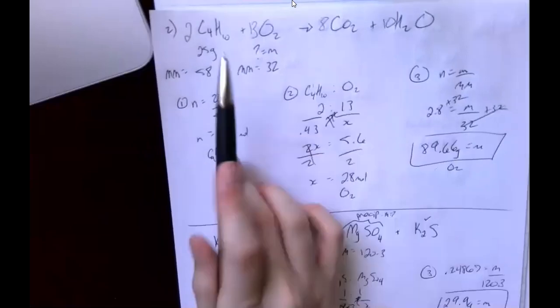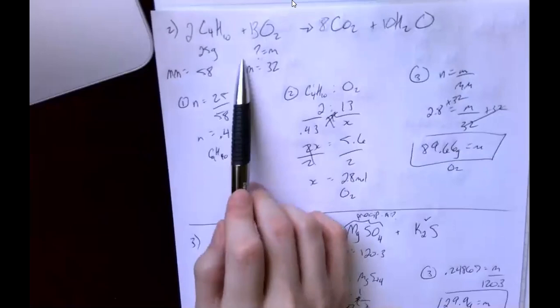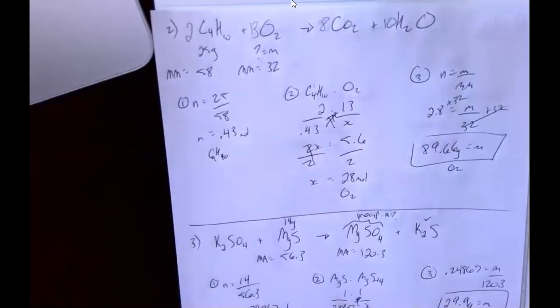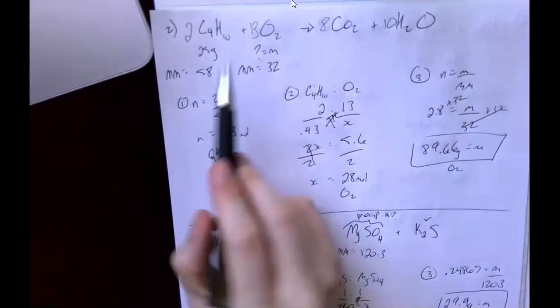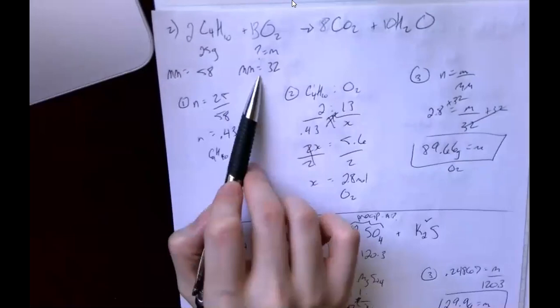You were then told that you had 25 grams of your butane, and it wanted to find the mass of oxygen. With these stoichiometry problems, you're always going to need molar mass for both the thing it gave you the mass of and the thing it's asking for the mass of. So I just right away found the molar mass of both the butane and the oxygen.